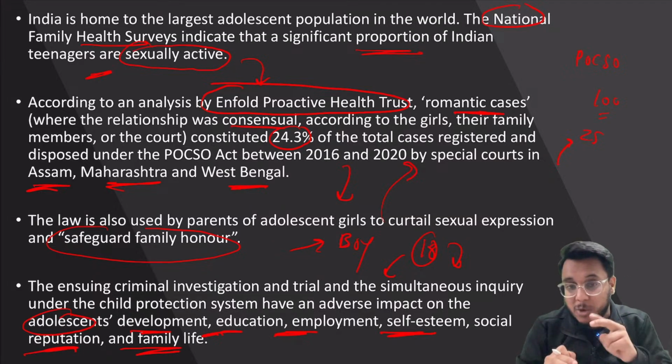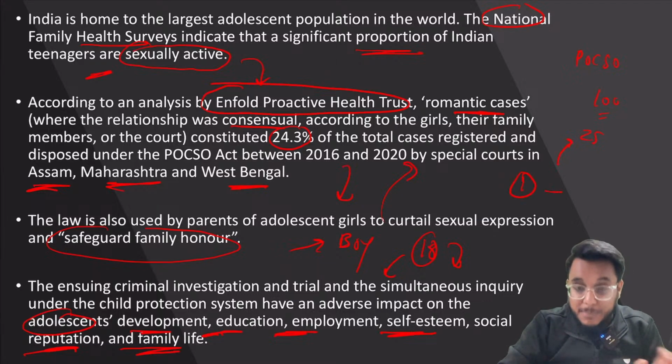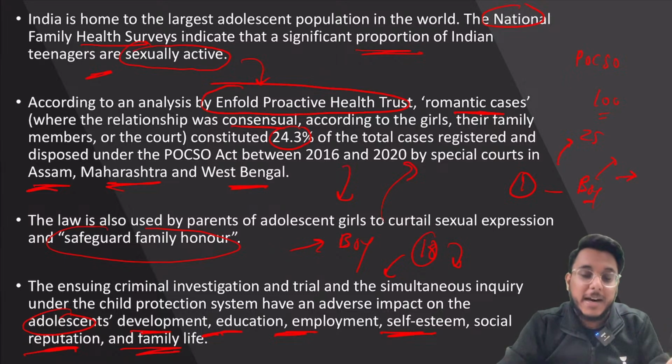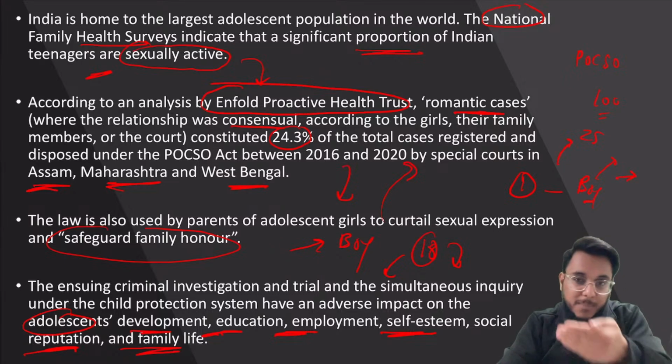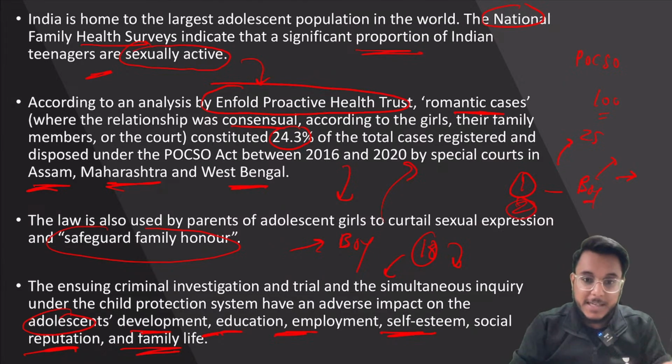And understand this, this is happening, number one, when the boy did not know that this provision exists. The boy simply had taken the consent, didn't know about the law, and now is being arrested. So we have not empowered them, but they are being arrested. Second thing, there was a consensus. Is it clear or not?